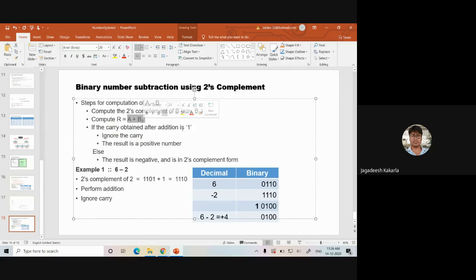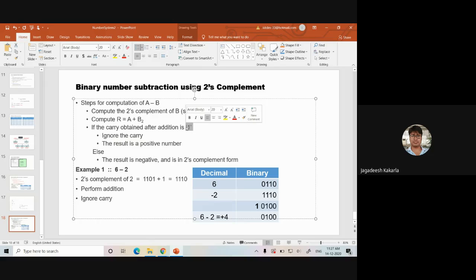If the end carry is 1, please read this instruction: ignore the carry. Ignore the carry means just leave it. The result is a positive number. This is the difference between 1's complement subtraction and 2's complement subtraction. In 1's complement subtraction, if we got the end carry as 1, we added this 1 to the LSB of the result.